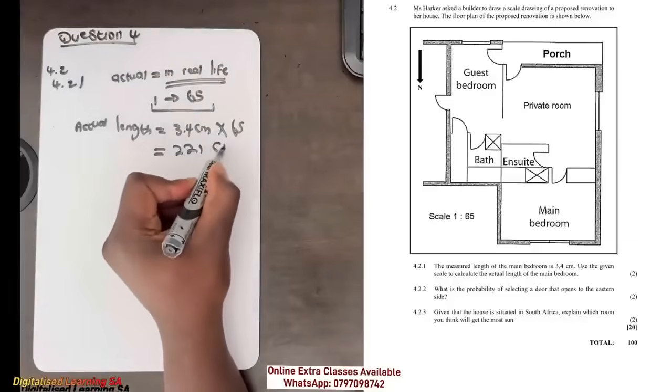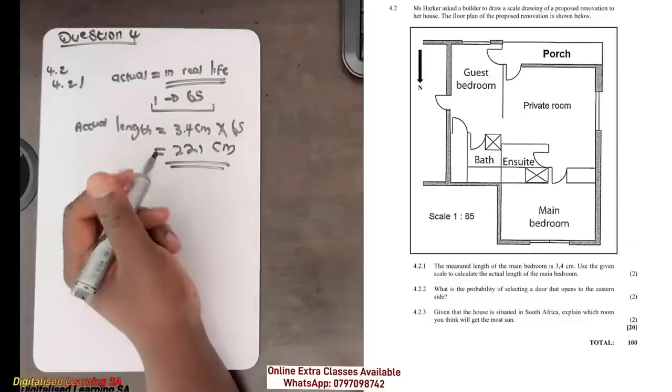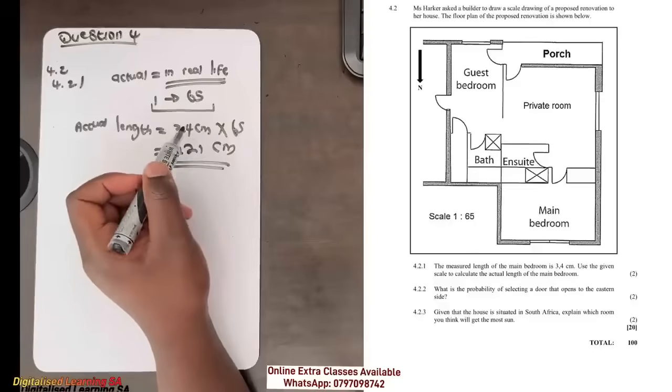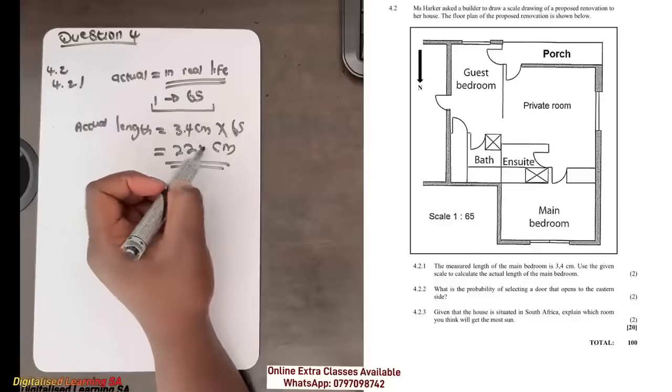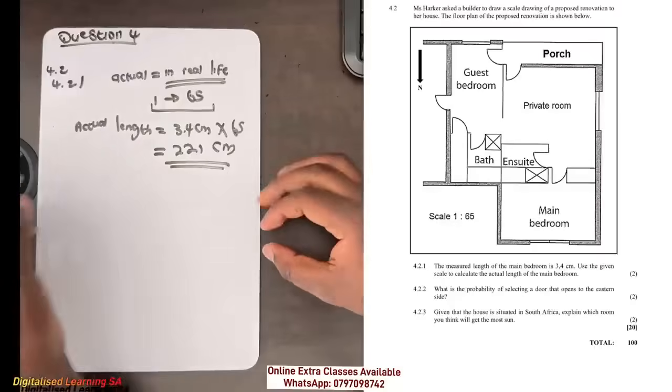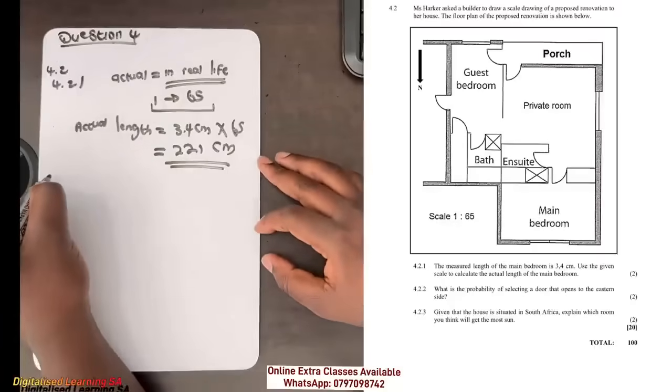What does this mean? This means that 3.4 centimeter on paper is equal to 221 centimeters in real life. Okay, so now let's move to the next question, which is question 4.2.2.